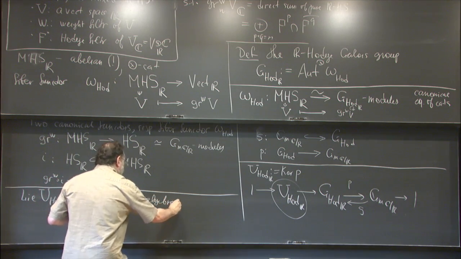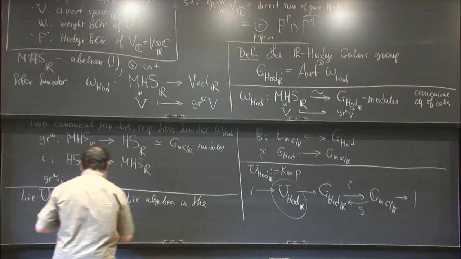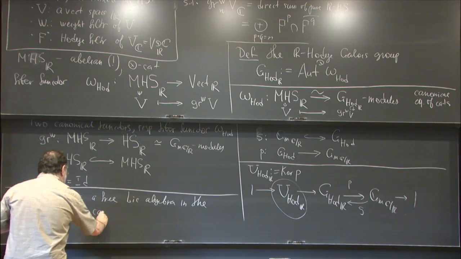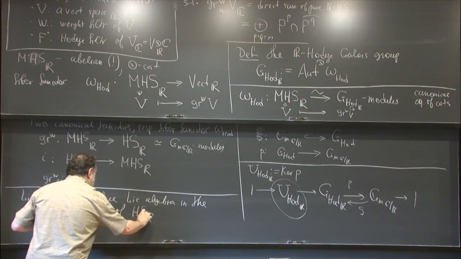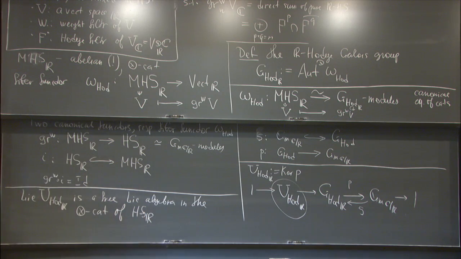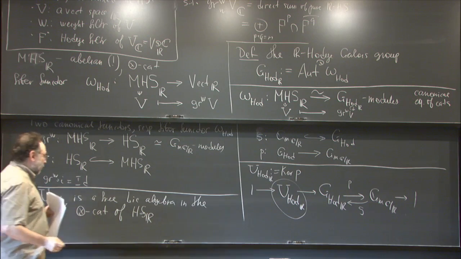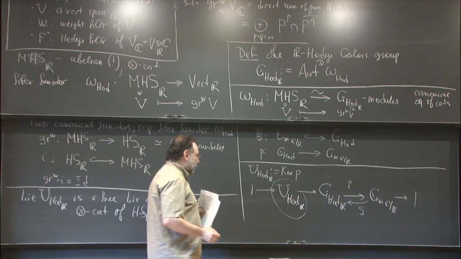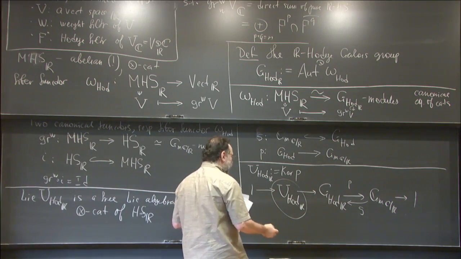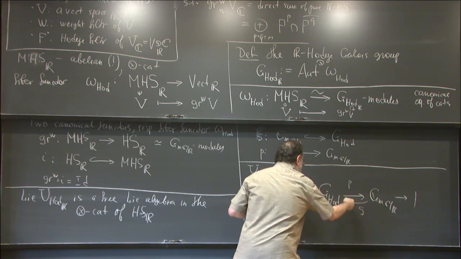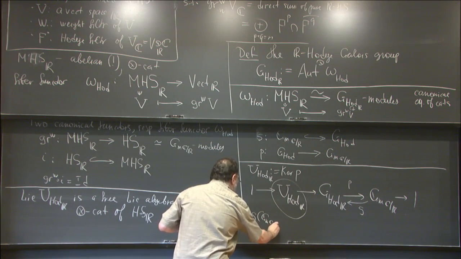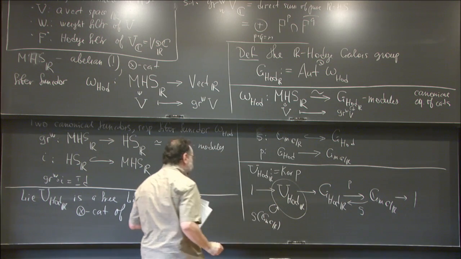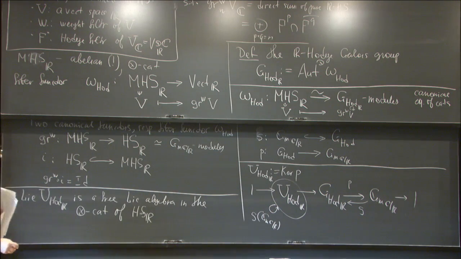It's a statement in the tensor category of real Hodge structures. So the first observation is that, of course, it is itself a pure Hodge structure, because the group S of G_m, C over R acts, so it's by definition a pure Hodge structure.